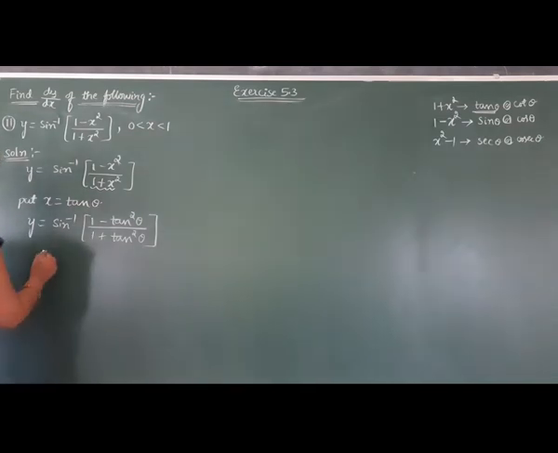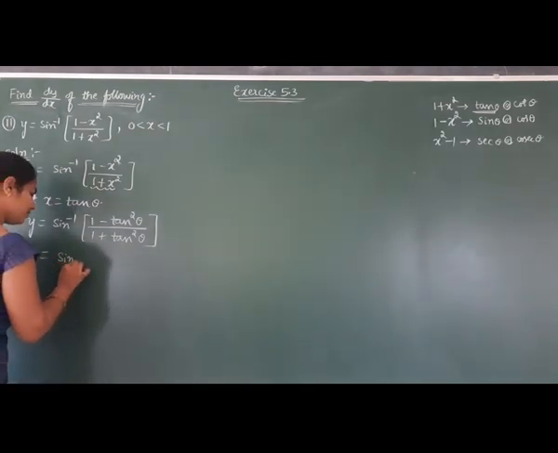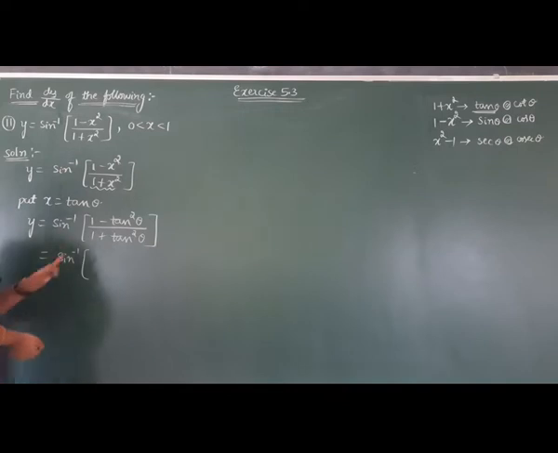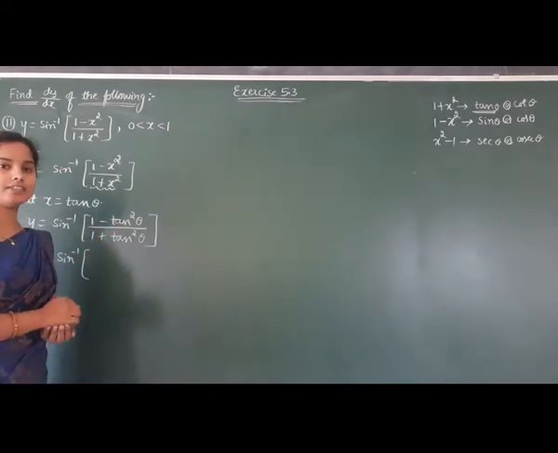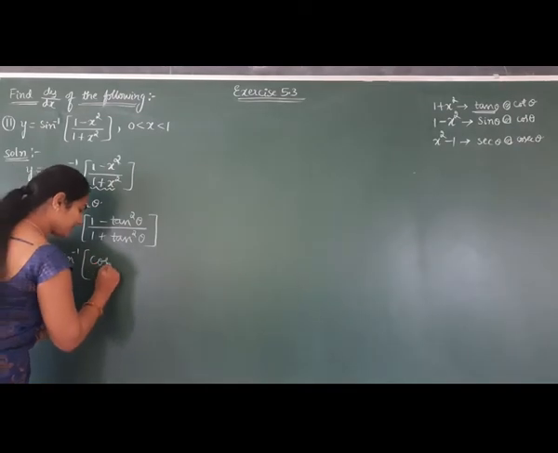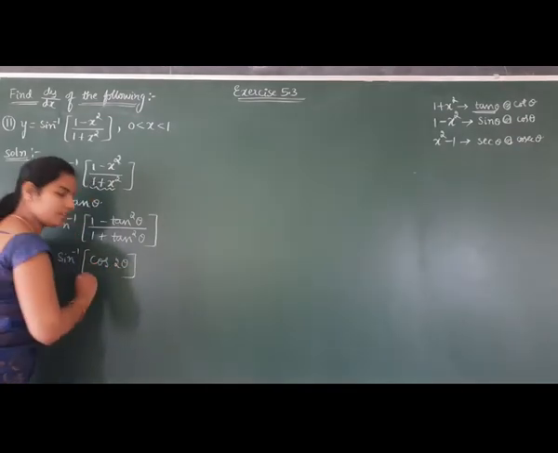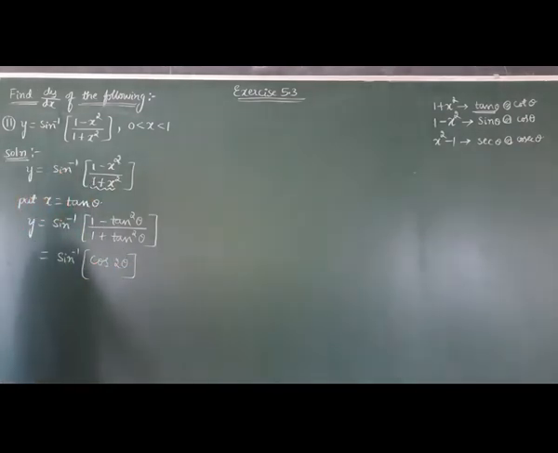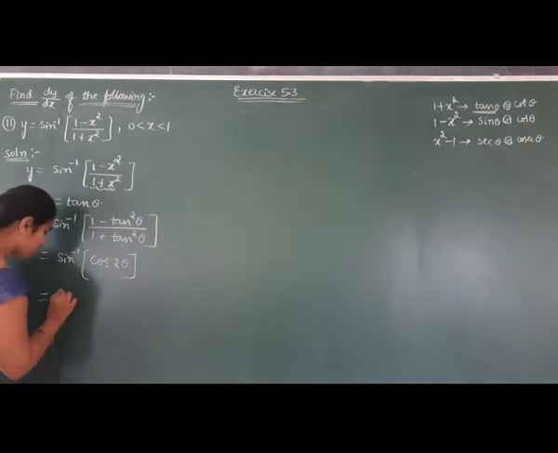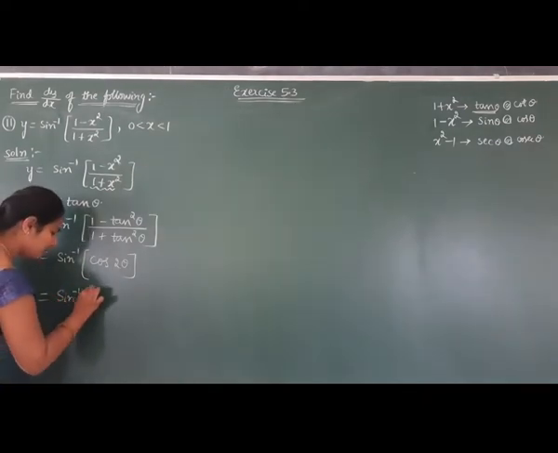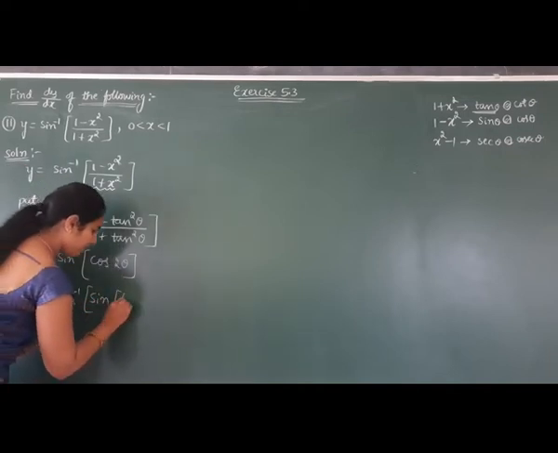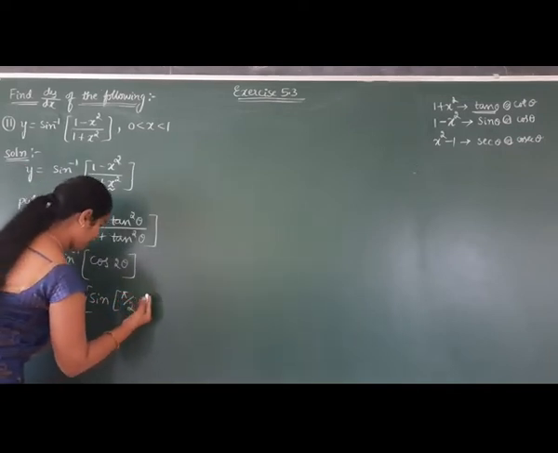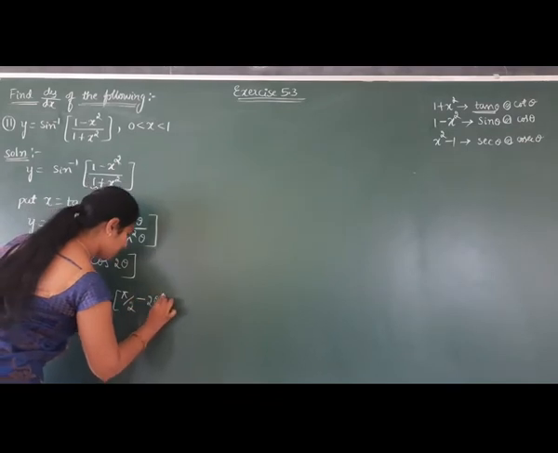Okay, so this is equal to sin inverse of, what is (1 minus tan square theta) divided by (1 plus tan square theta)? That is cos 2 theta. So by using the allied angle formula, we write sin inverse of cos 2 theta as sin inverse of sin of (pi by 2 minus 2 theta).